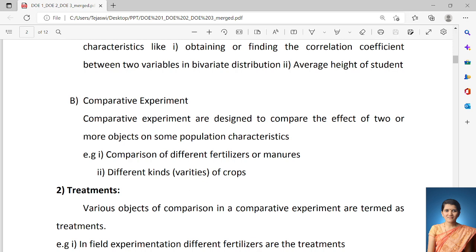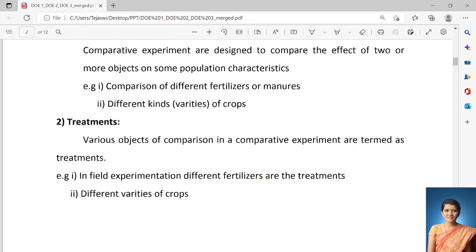The different types of crops means we use one plot and in some region we used crop of type first, and the same crop of type 2, meaning there is a variety of crop, same crop but different variety, and check which variety of crop is better. This experiment is called a comparative experiment.